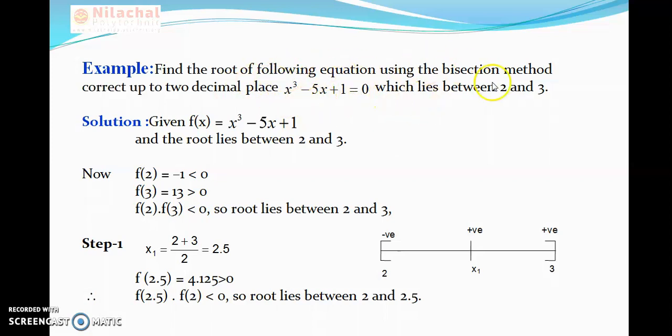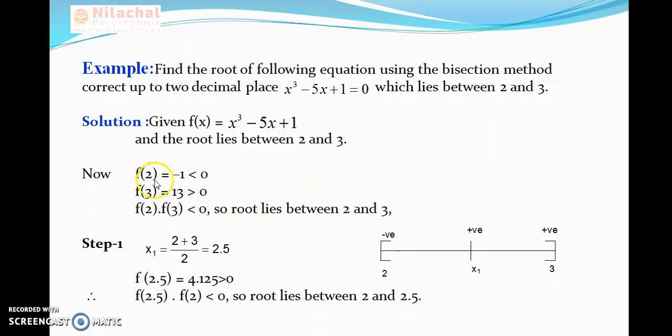Clear? And the interval is also given, which lies in 2 and 3. So solution: given f(x) equals x cube minus 5x plus 1 and the root lies between 2 and 3. So let us test f(2) and f(3), which must be of opposite sign according to our theory.